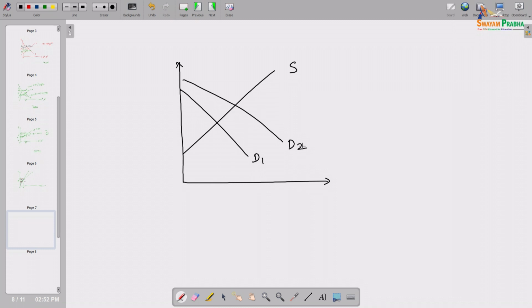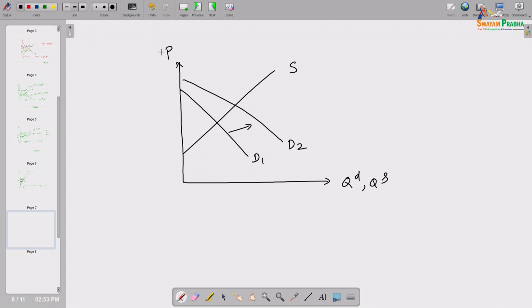It will not necessarily shift upward in parallel; some shift will happen, it may or may not be parallel. Why it shifts outward you can understand, because of the sudden heat wave. We measure quantity on the horizontal axis and price on the vertical axis.